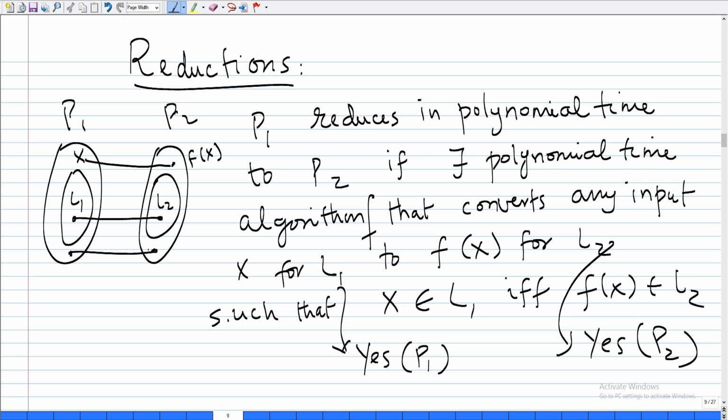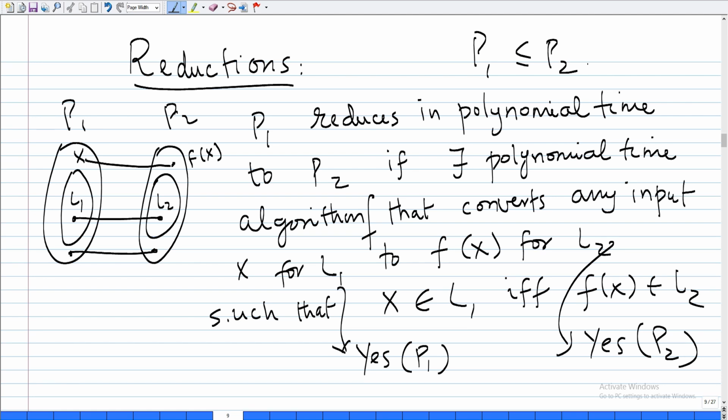This is just formalizing whatever we talked about. I am going to write this notation as P1 reduces to P2, which means that you can use an algorithm for P2 to solve P1.